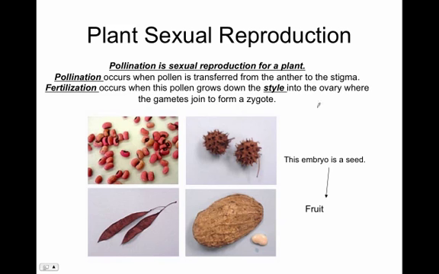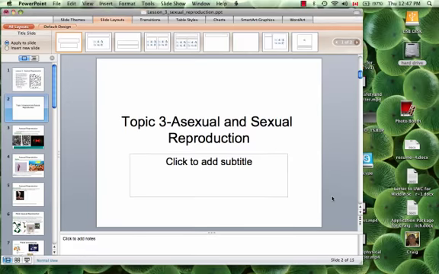When the pollen unites with the egg in a plant, that's called pollination, and that's fertilization. And what is the result? A seed, and then a fruit.